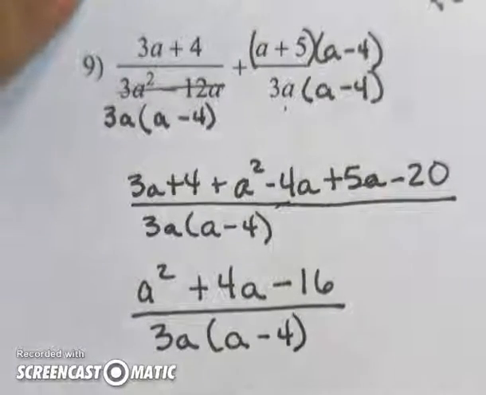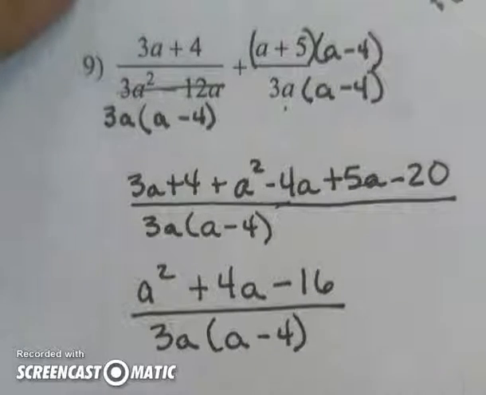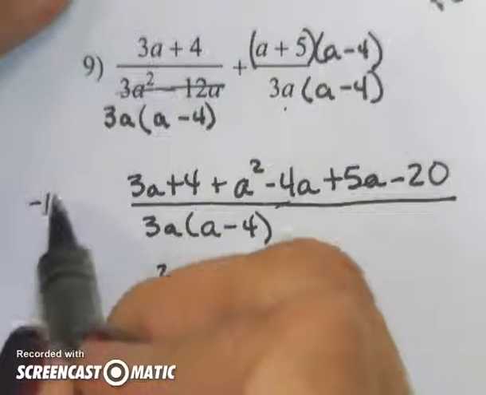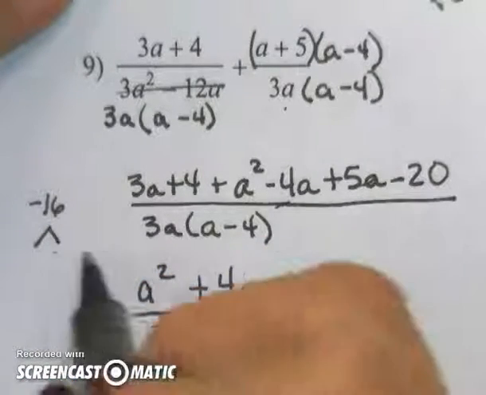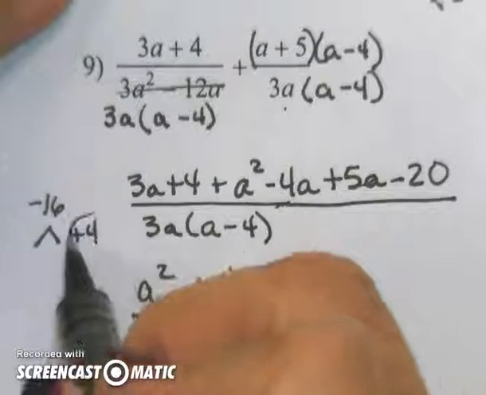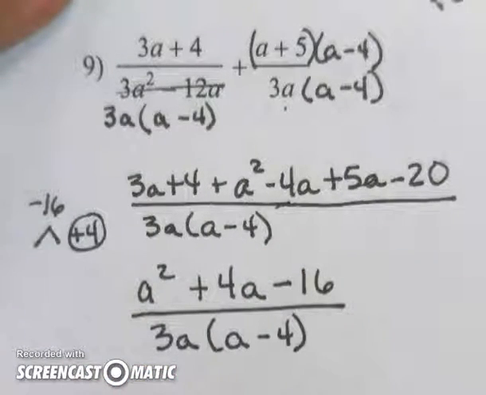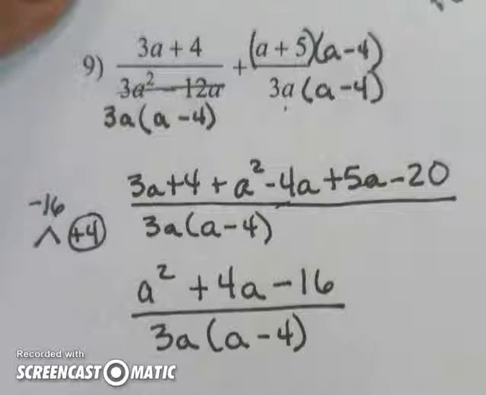Now I want to look at this and determine if it factors. Does anything multiply to give me negative 16 and add up to a positive 4? I need to think through that process. I'm going to think of all the things that multiply to give me 16. 1 and 16. Since it's negative, I'll need negative 1 and positive 16.